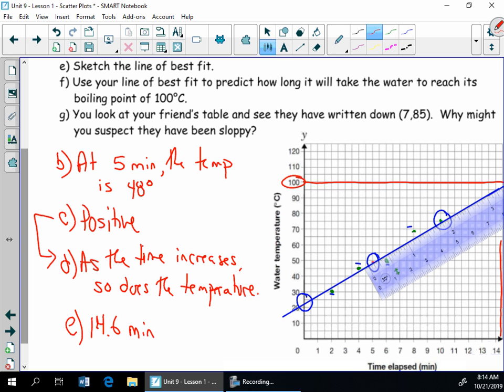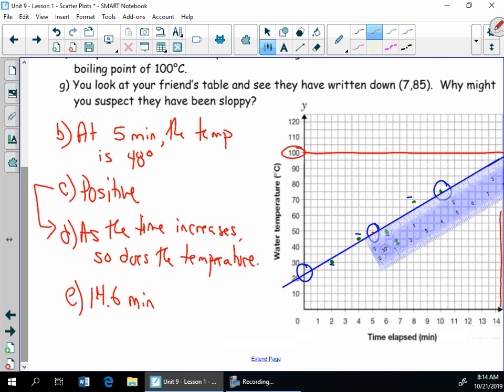Let's look at G. You look at your friend's table and see they've written down 7 and 85. Why might you suspect they've been sloppy? Well, let's think about our graph. 7 and 85 is like here. So if we follow that up, there's a dot. They're saying there should be a dot right there. Would that dot make any sense to you?